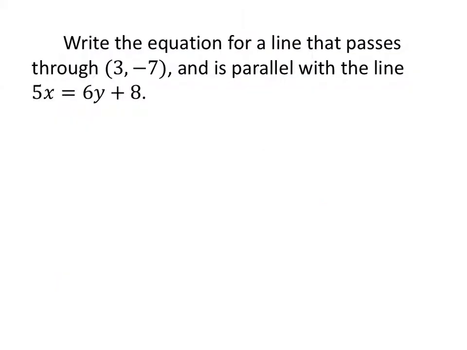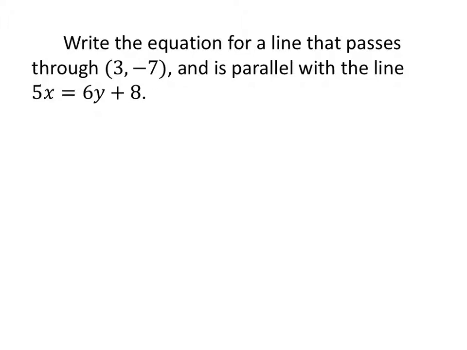Write the equation for a line that passes through the point 3, -7, and is parallel with the line 5x equals 6y plus 8. So what we're going to do is put the equation in slope-intercept form, which is y equals mx plus b, and that will tell us the slope of the first line, the line that we're given.